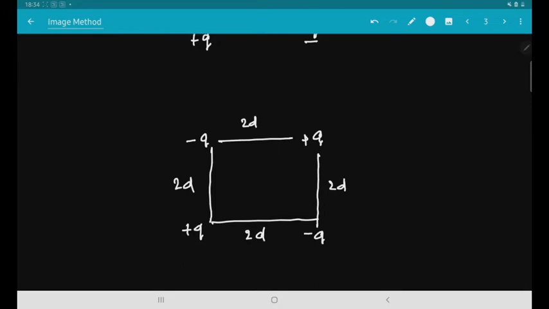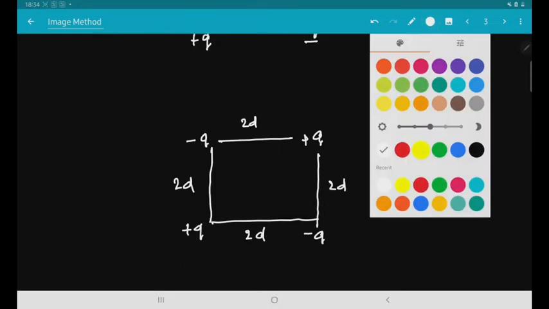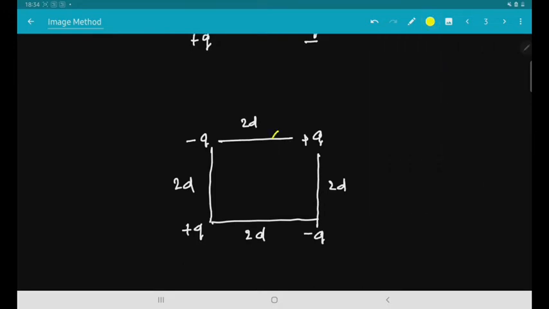See, this negative charge is going to pull this positive charge, and this negative charge will also pull this positive charge. Now the resultant of both these forces, F1 as well as F2, will be equal because the distance is the same.